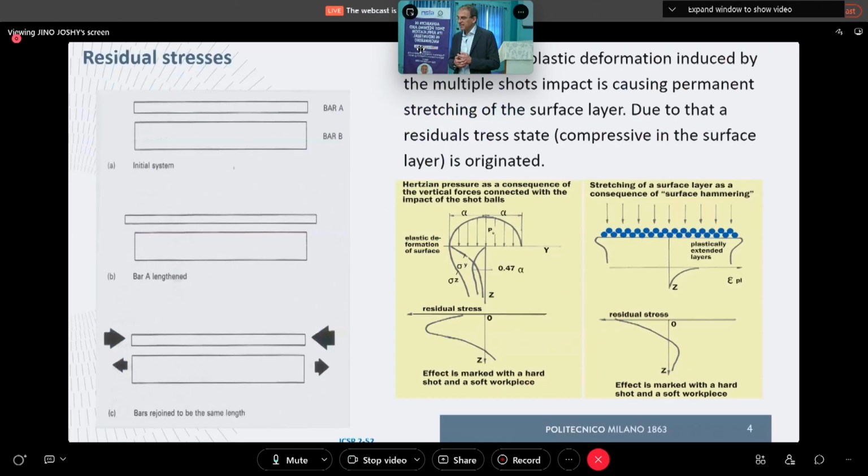I will comment on the second one, which is conceptually similar, but more strictly related to shot peening. It's focused on the contact of shot peening. If we consider the contact of balls with a flat surface, not only flat, but we can consider it as flat, we are in the so-called non-conformal contact condition.